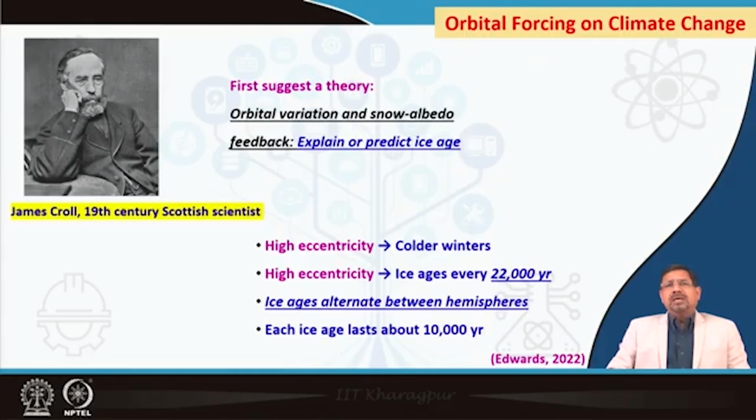High eccentricity also explains the ice ages, probably at 22,000-year intervals. Ice ages alternate between hemispheres, and each ice age lasts about 10,000 years. This has been reported by Edwards in his 2022 publication, and it is a very important clue the Scottish scientist James Croll gave in the 19th century.